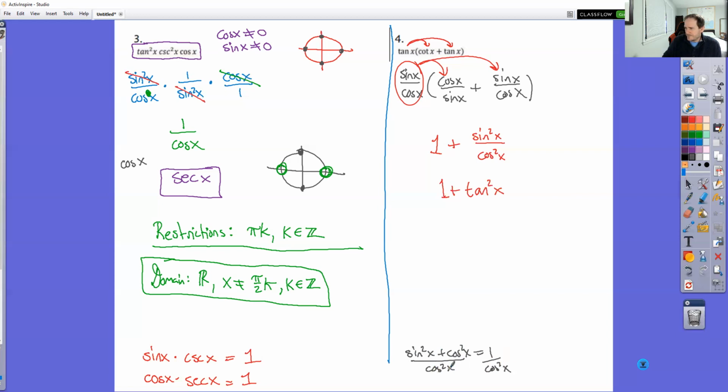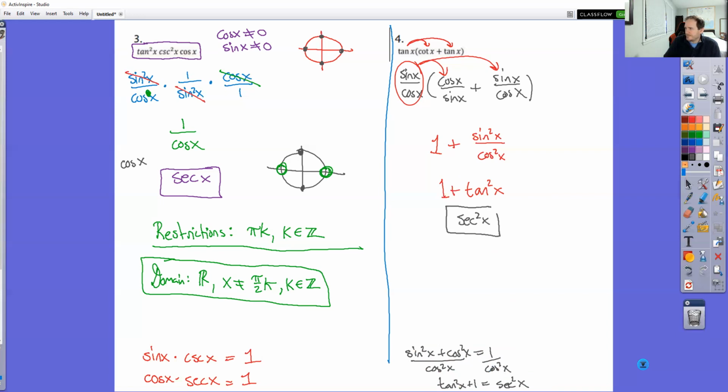So then the sine squared over cosine squared, there's my tan squared. Here comes my plus 1 from cosine over cosine. And it equals 1 over cosine squared, so that's secant squared. So lo and behold, very quickly on the fly, you can find that 1 plus tan squared is secant squared.